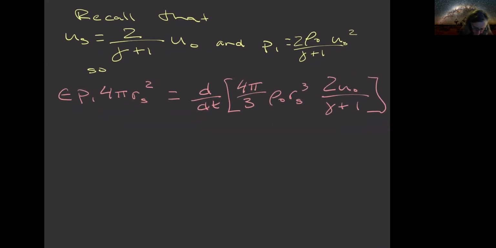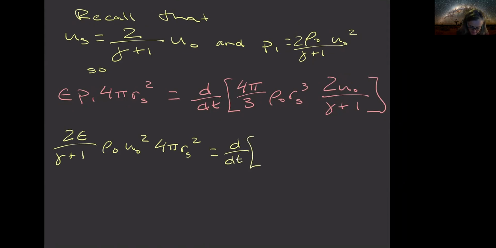So from here, we can say that 2 epsilon over gamma plus 1 times rho naught u naught squared 4 pi Rs squared is equal to d/dt of 4 pi on 3 rho naught Rs cubed times 2 u naught over gamma plus 1. Whew, that's a big equation.